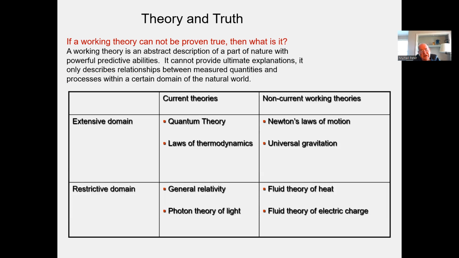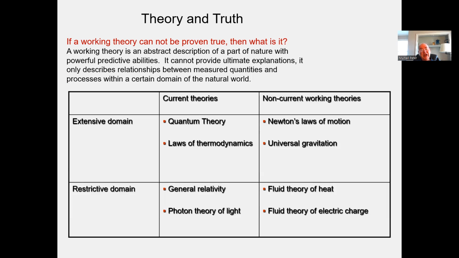On non-current working theories, Newton's laws of motion and Newton's universal gravitation are no longer the best explanations for those phenomena. But NASA and the European Space Agency do very well using these two theories, flying all their space missions around the solar system.